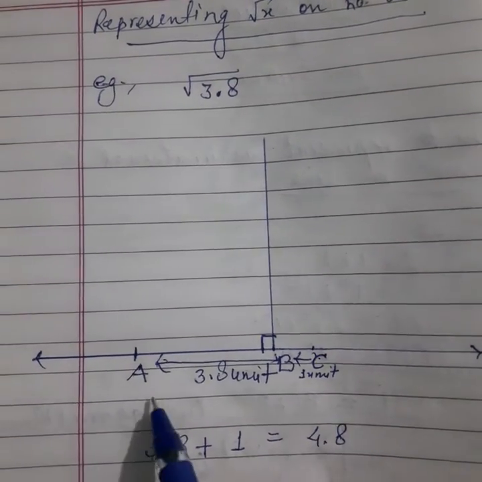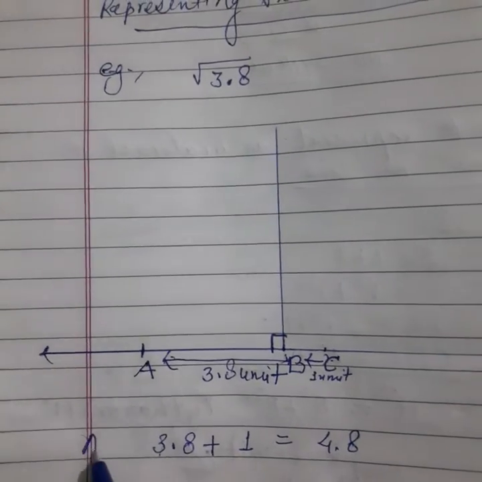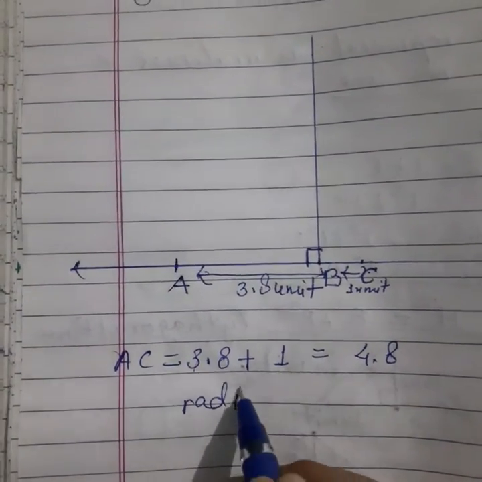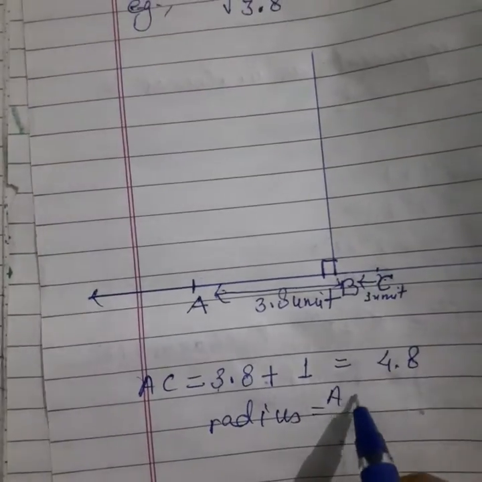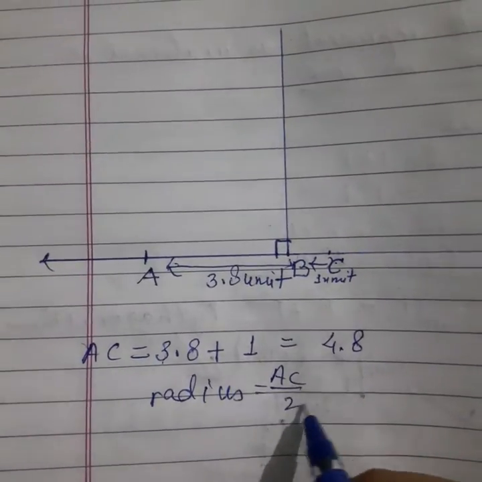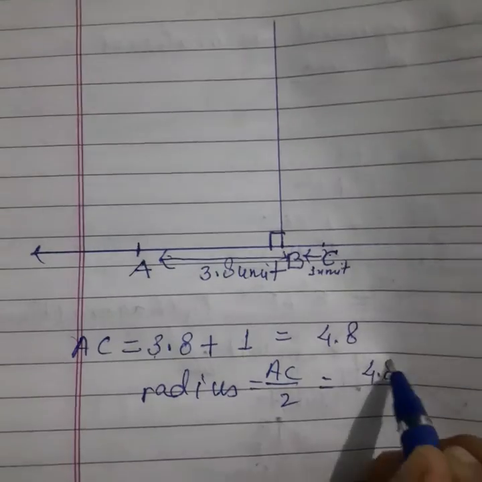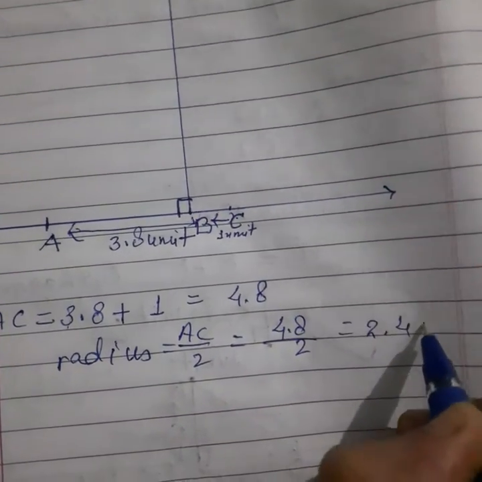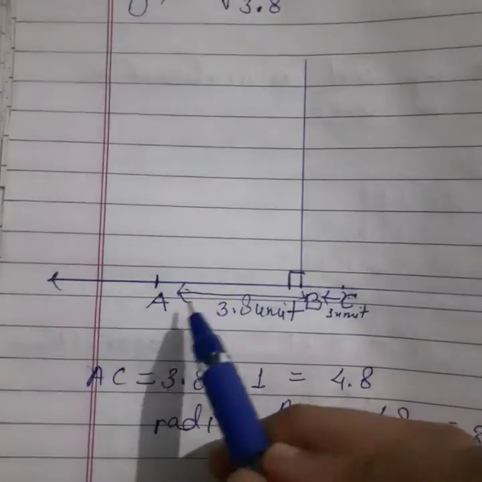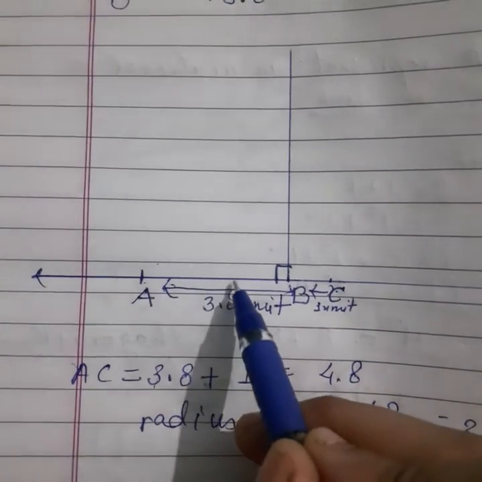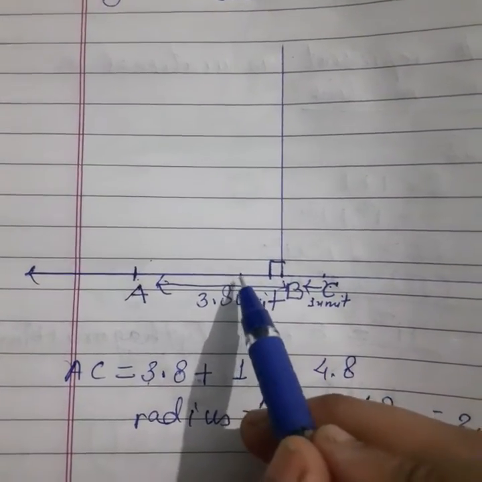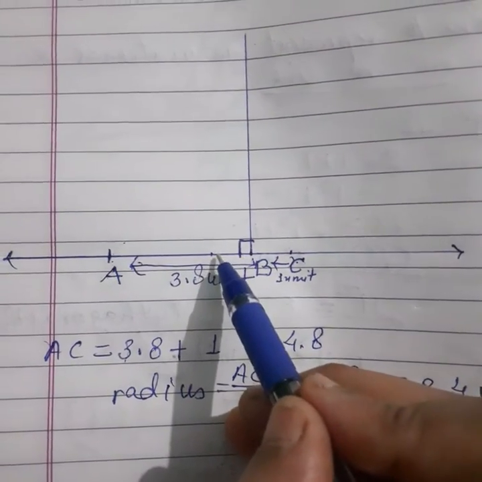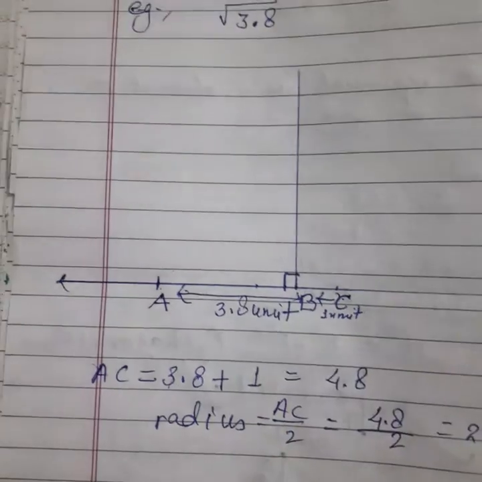So this distance is your AC distance. So your radius will be what? Radius will be AC upon 2, and AC is 4.8 units, upon 2, that's why it will be 2.4 units. So measure the distance 2.4 units from A, and take this point as center.